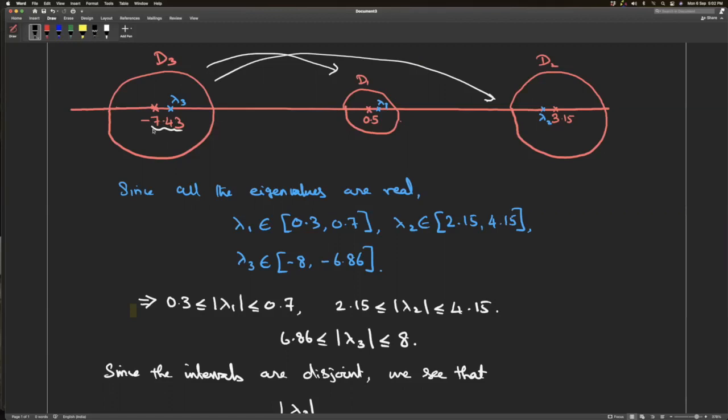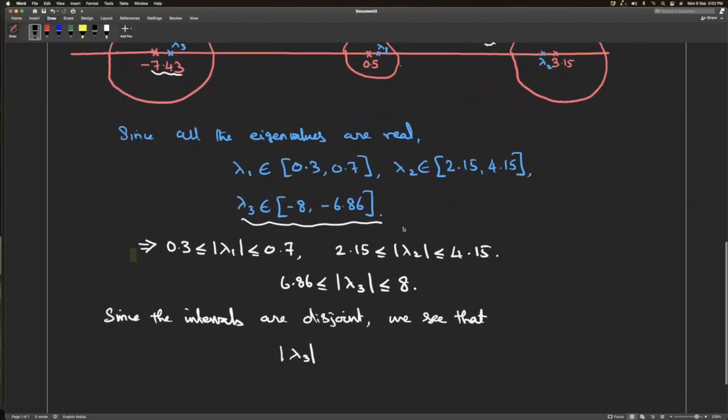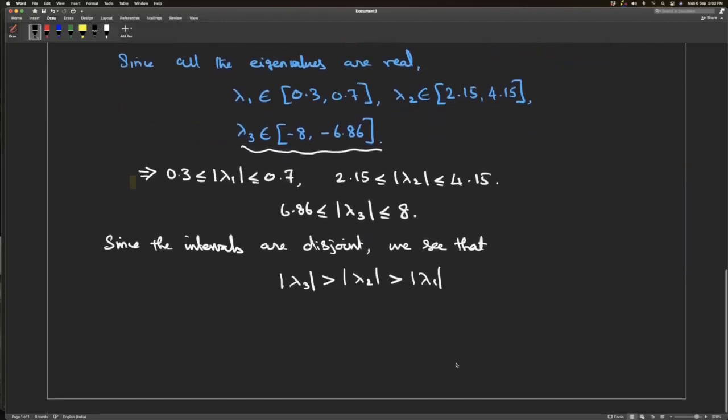Here, it is very nice because even after taking modulus, you see that lambda 3 cannot have an intersection with any of these intervals of lambda 1 and lambda 2. That is how we concluded that lambda 3 will be strictly greater than lambda 1 and lambda 2. That part also you have to take care. So all the eigenvalues are distinct.